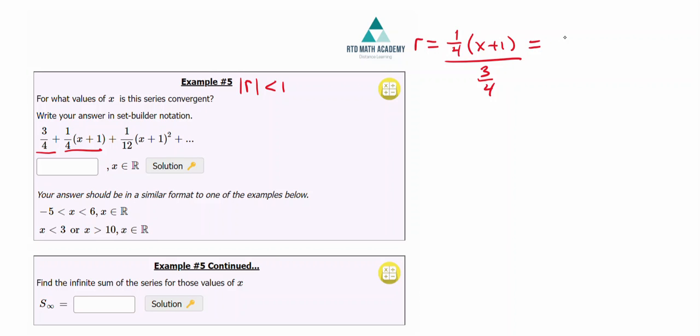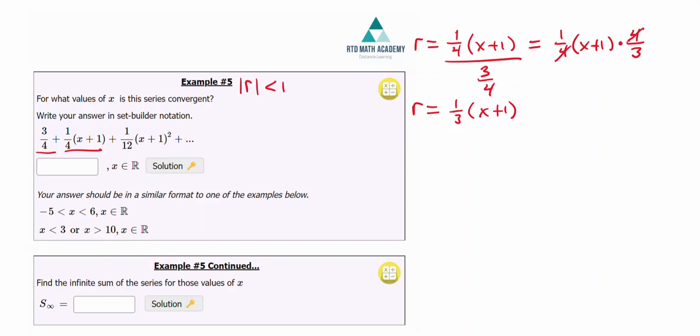So this is the same thing as 1 over 4 x plus 1 times, and then flip that upside down, 4 over 3. It's already looking nicer, and we can simplify it more by saying the 4's cancel. So now we have r is equal to 1 over 3 x plus 1.